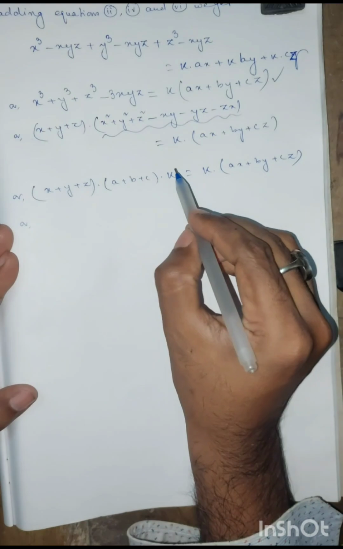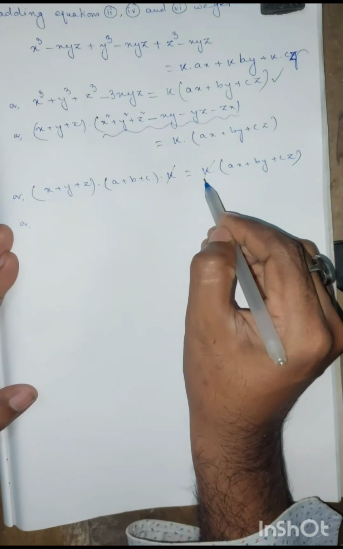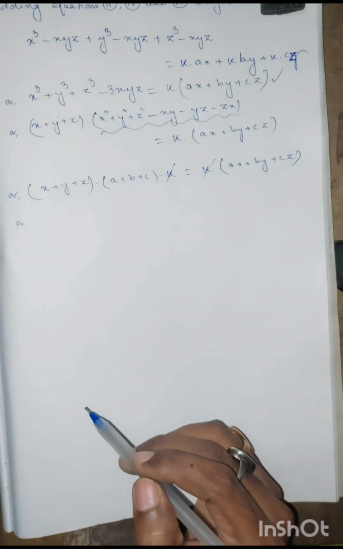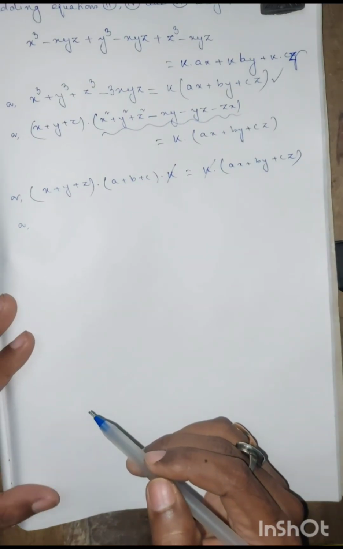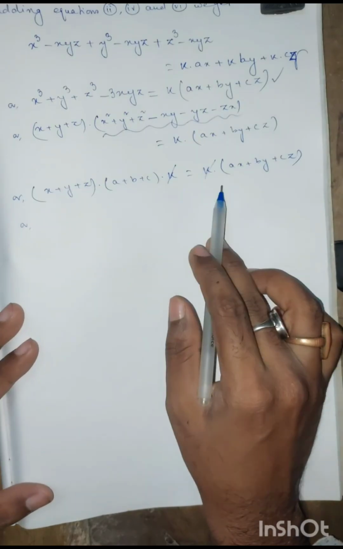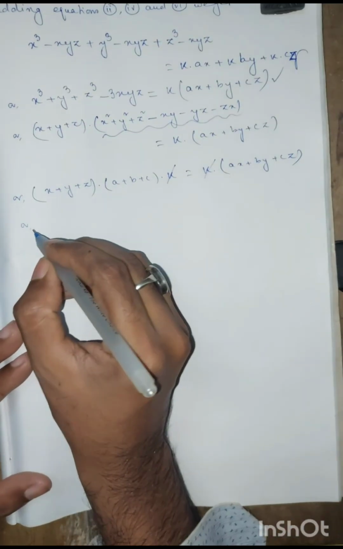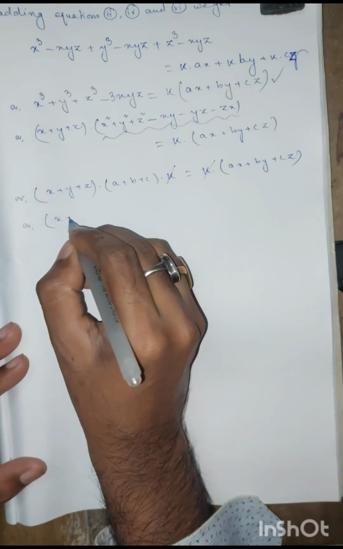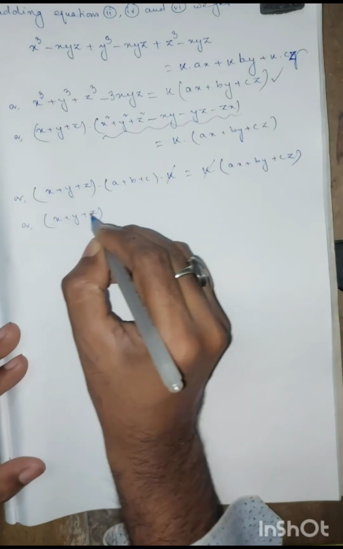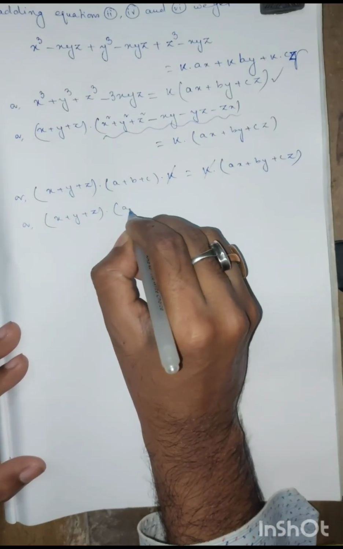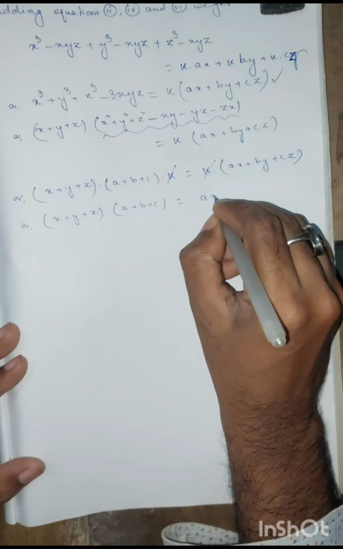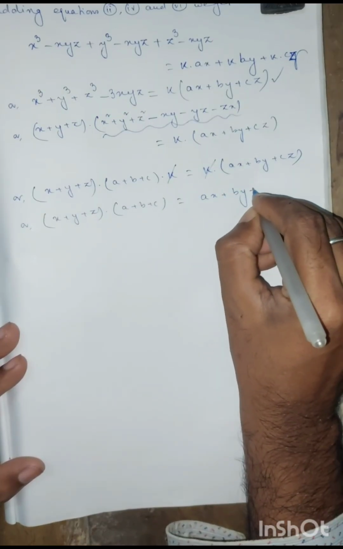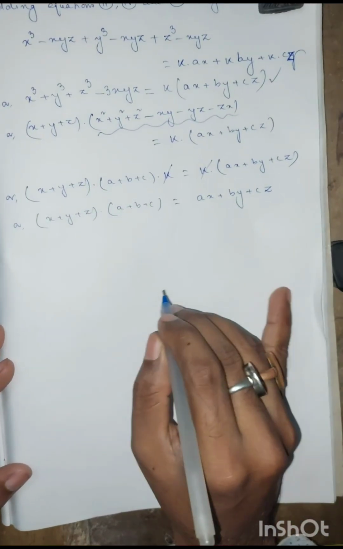Or if we cancel k, k is our constant, which is a non-zero constant, so we can cancel it. So we are getting (x plus y plus z) into (a plus b plus c) equal to ax plus by plus cz.